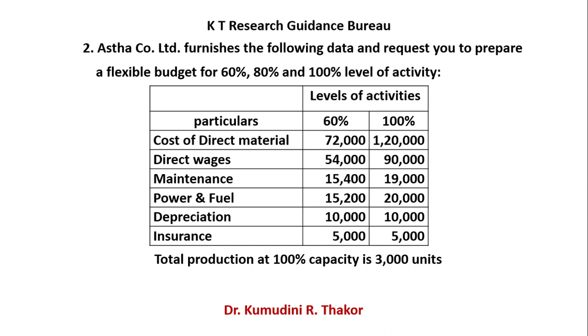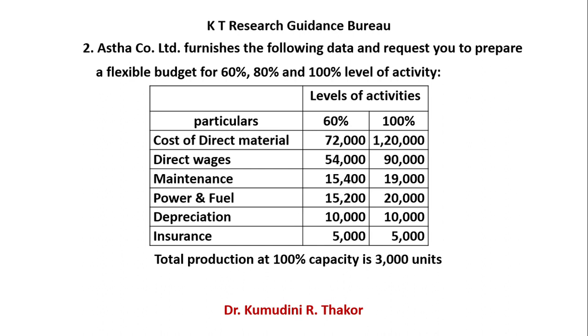Now variable expenditure. We know among variable expenditures, material and wages are generally 100% variable. Now how to find out? For that, we have to find out production in units at various capacities at 60%, 80% and 100%.